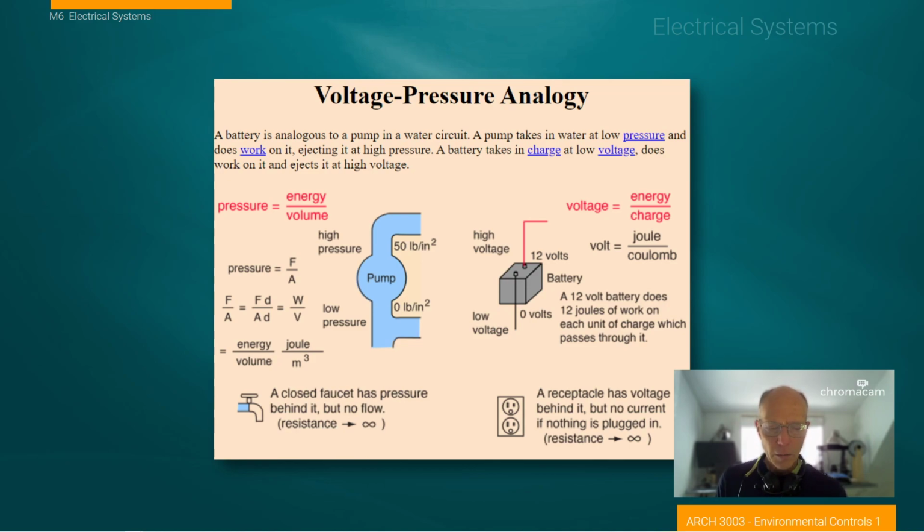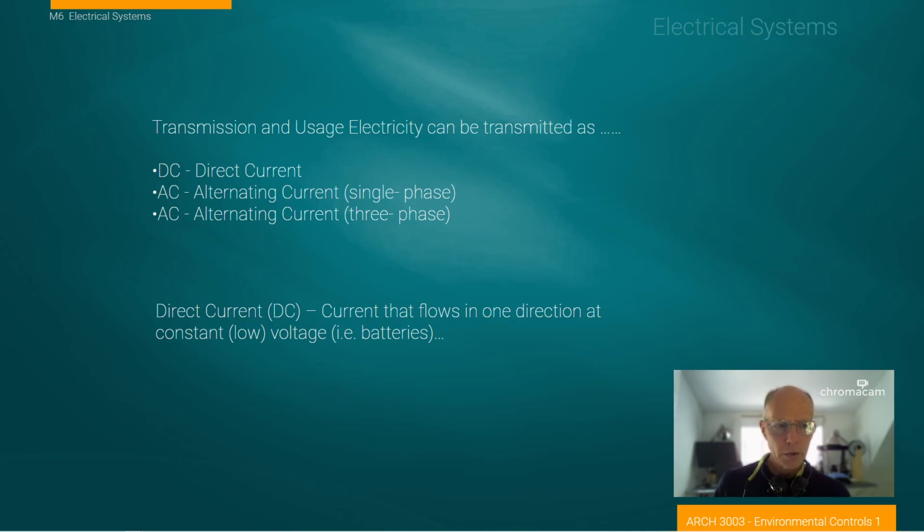So we have the amount of flow being the current, and the amount of pressure being kind of the voltage. And you might want to just pause and look through this to kind of take it all in. I want to move a little quicker through it, and then you can come back to this. It's important, and we're going to come back to that in some detail. I just wanted to introduce a couple of other terms.